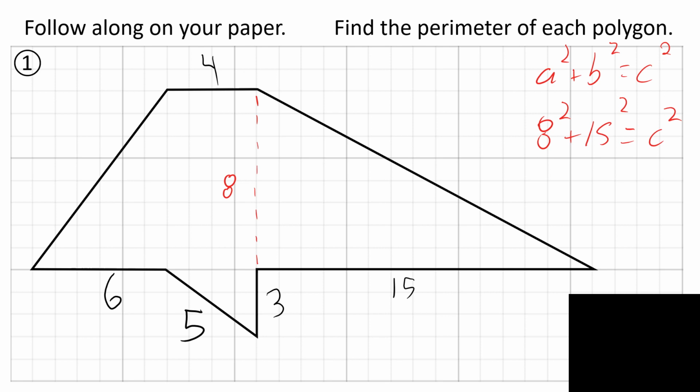That you should know. 15 times 15. We've done this so often you might start to remember that it's 225. If not, pencil and paper could be your friend. Or a handheld calculator can be your friend. Add those together.